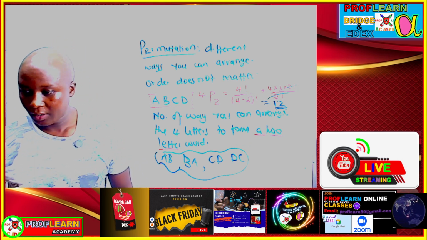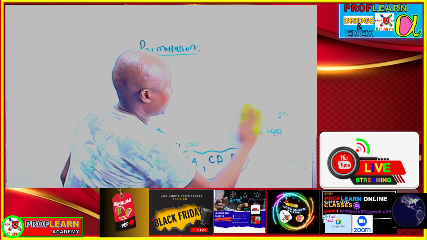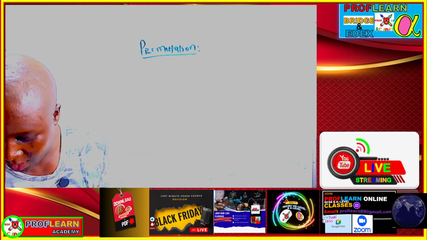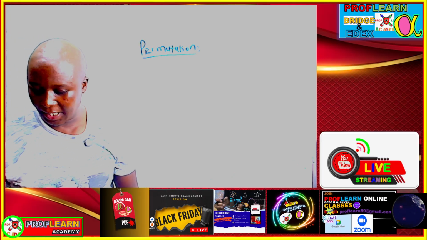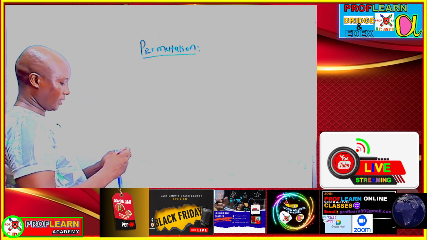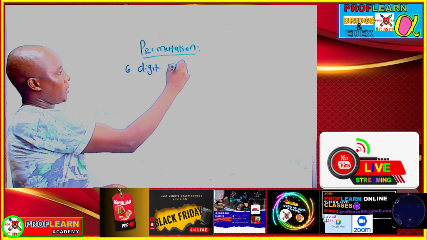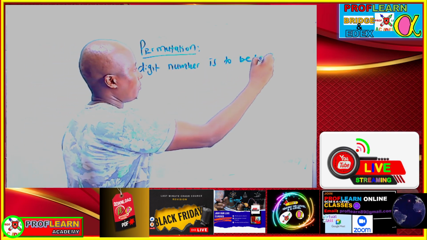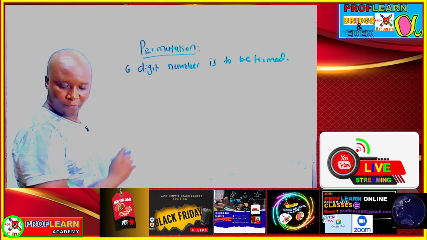Now, moving further to another way a question can be asked, we have a scenario whereby you are told a 6-digit number is to be formed from the following numbers.